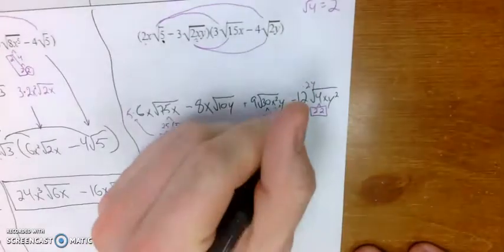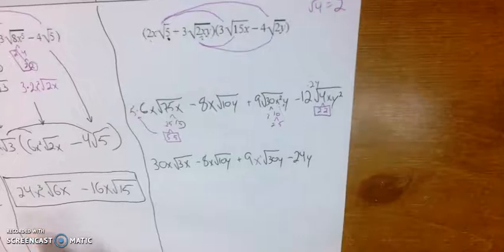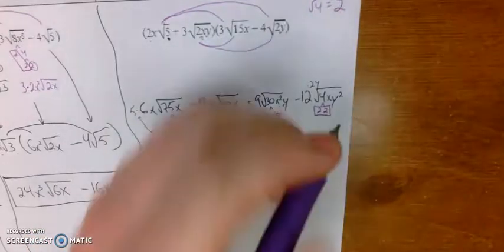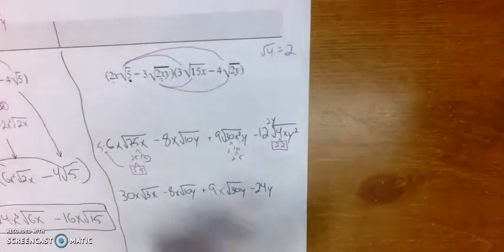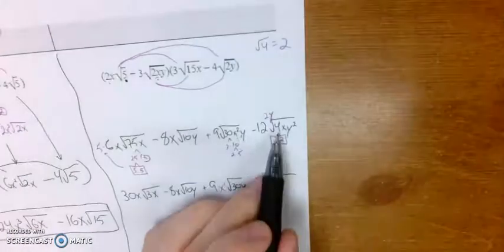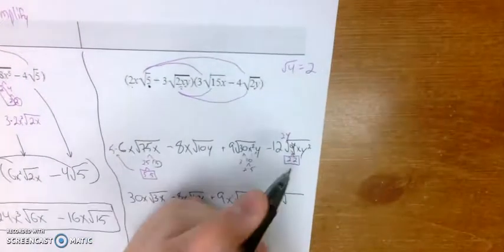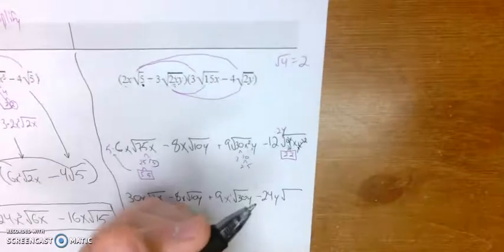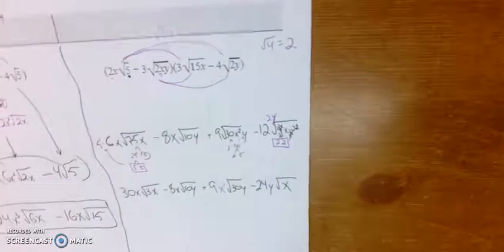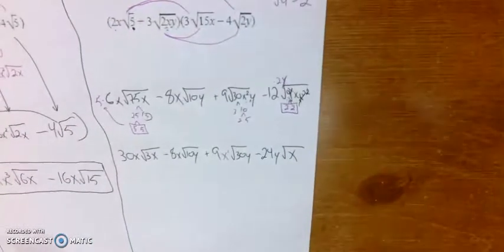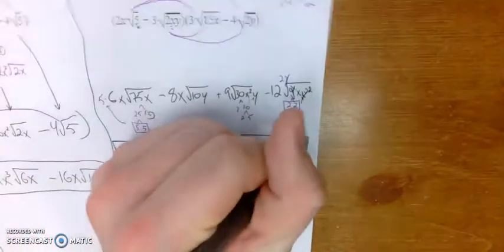So that's going to be 12 times 2 is 24. Then we had the y that got pulled out. That's a y, not a 4 up here. And then underneath the radical, we've already taken care of the 4, so that's already good. We just handled the y squared because that was a pair of y's. So the only thing left is just a plain old x. As ugly as this is, this would be our final answer.